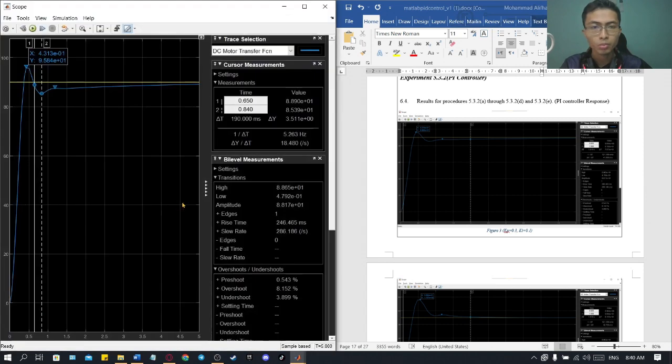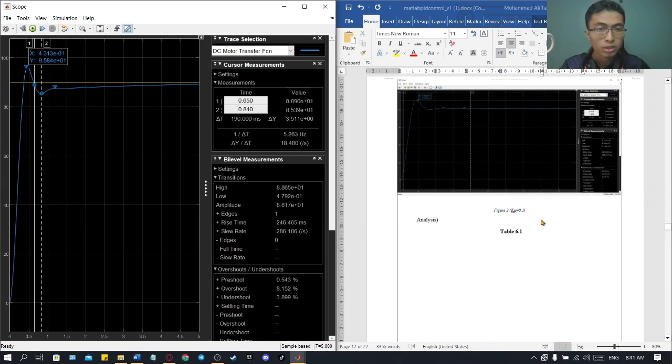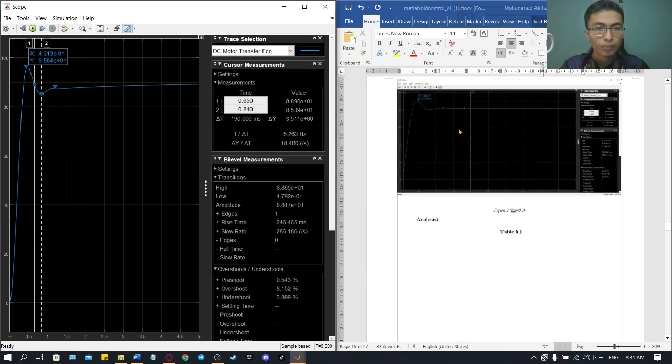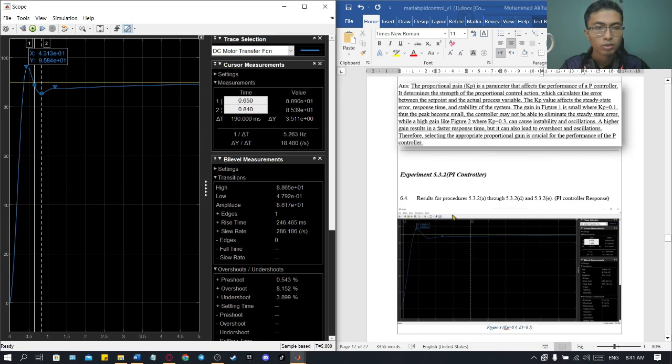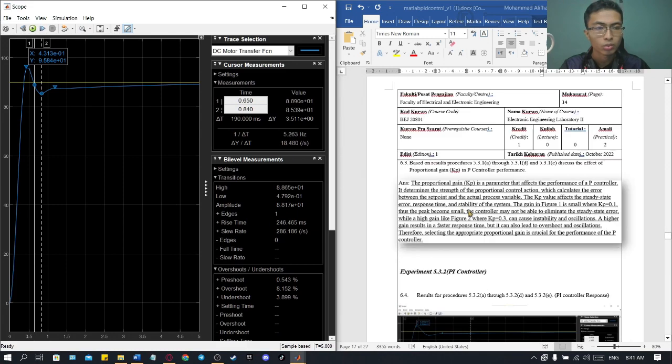So we open the scope and there we go, it's the same. You can see the overshoot is 8.152%. What is the difference between this graph, figure 3, and figure 2?